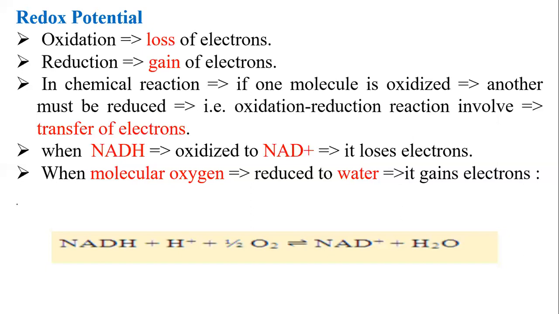When NADH is oxidized to NAD+, it naturally loses electrons. When molecular oxygen is reduced to water, it gains electrons. So here you can see in this reaction, there is oxidation of NADH into NAD+, and there is combination of hydrogen ion with half molecule of oxygen to produce water.